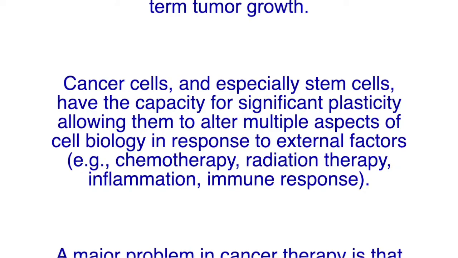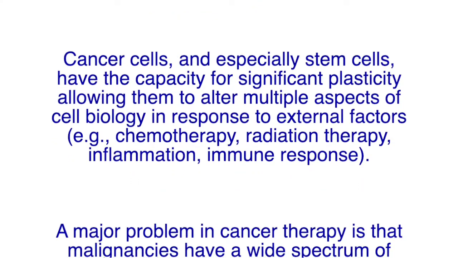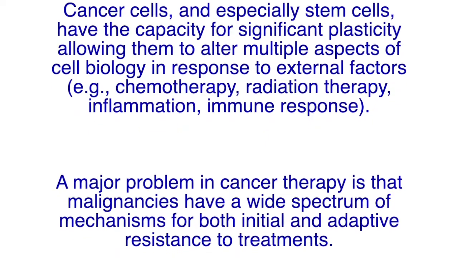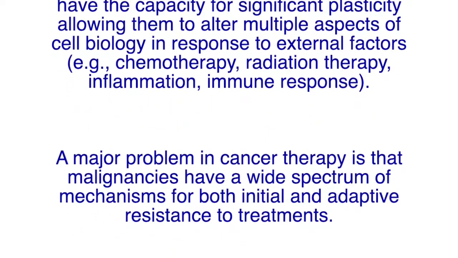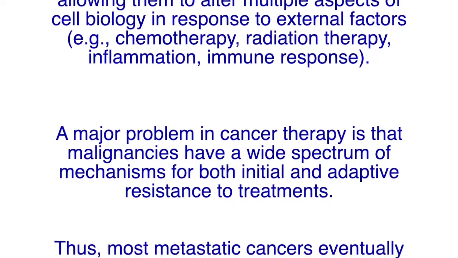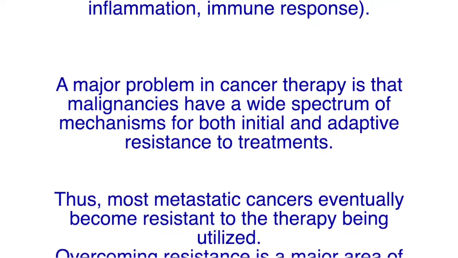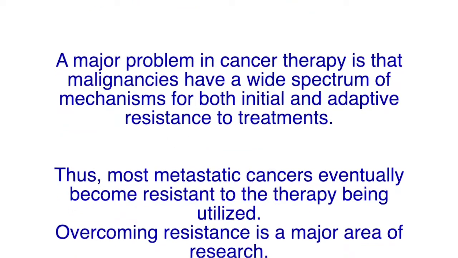Cancer cells, and especially stem cells, have the capacity for significant plasticity, allowing them to alter multiple aspects of cell biology in response to external factors, for example chemotherapy, radiation therapy, inflammation, immune responses, etc.